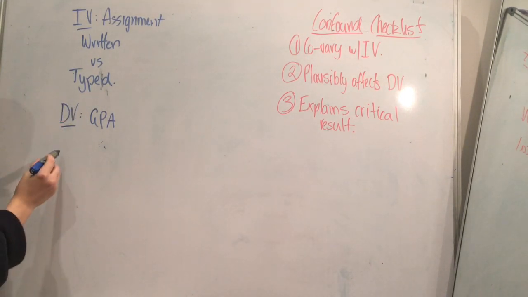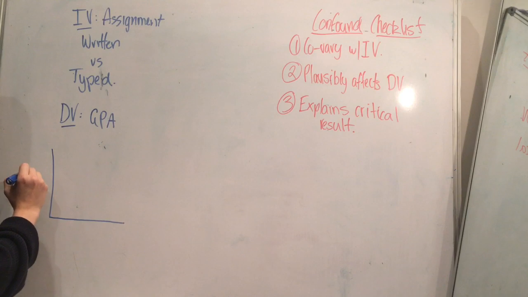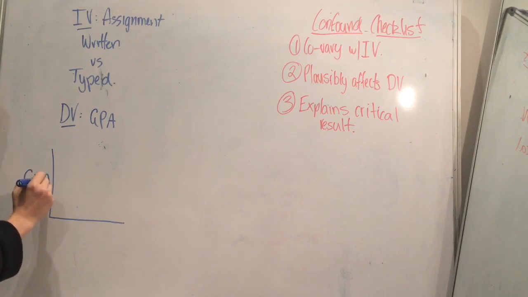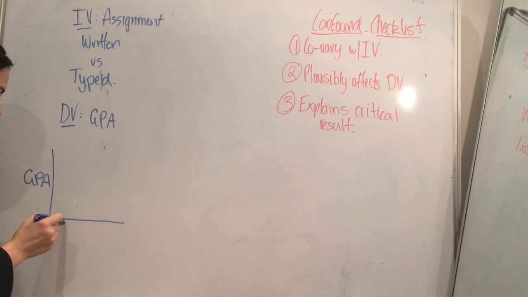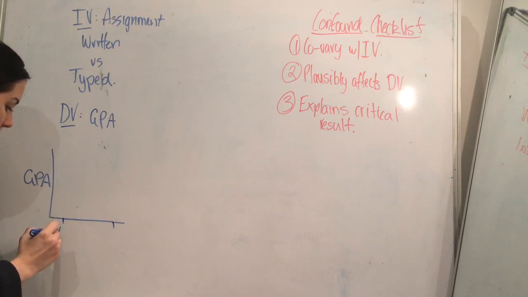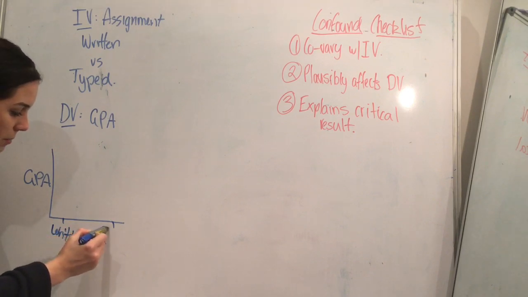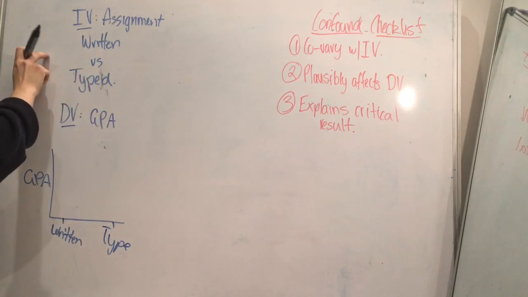So the results would be, if I just draw a little results page, my DV would be GPA on the side here. Hope you can see me. And down here I would have, say, written and typed papers, the two levels of my IV.